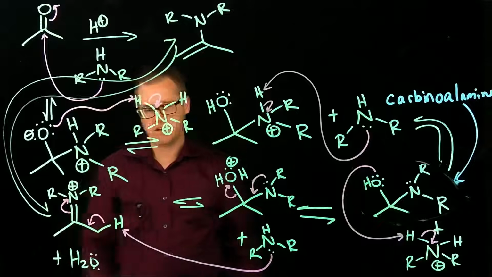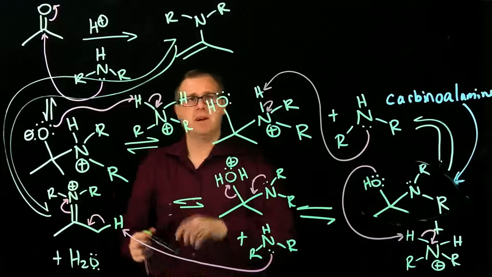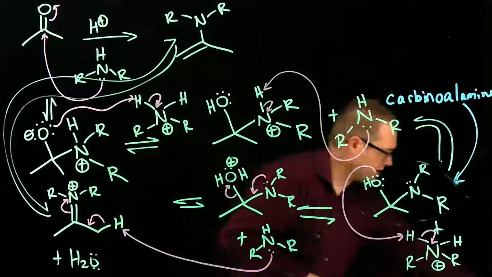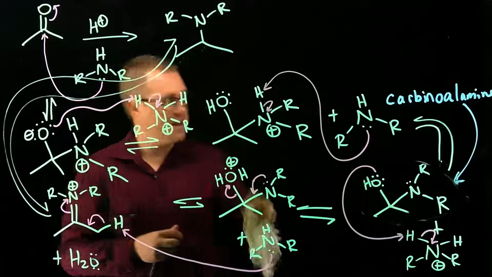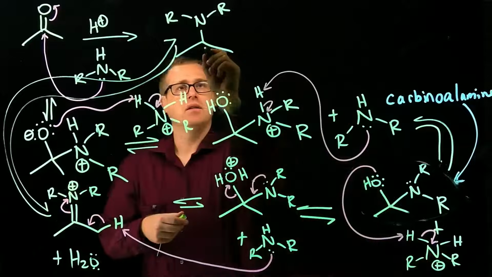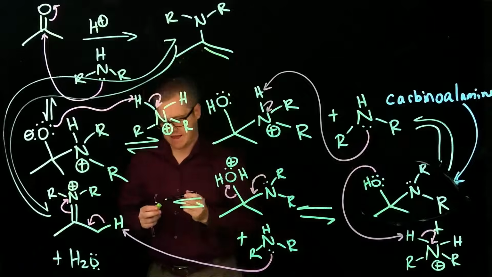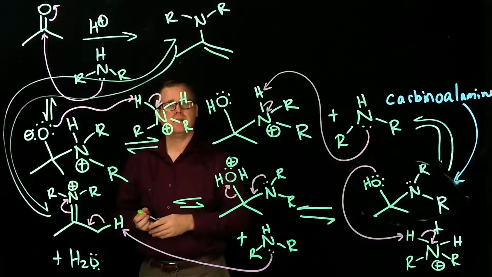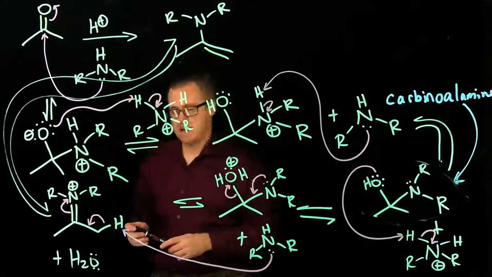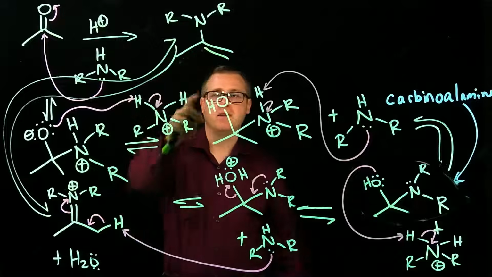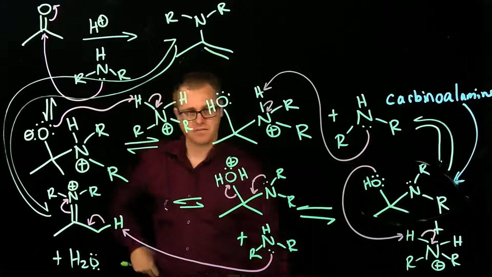See that? Isn't that pretty cool? And to be more consistent here, what proton did we actually take off? There. See that better. So that is the mechanism for the formation of an enamine.